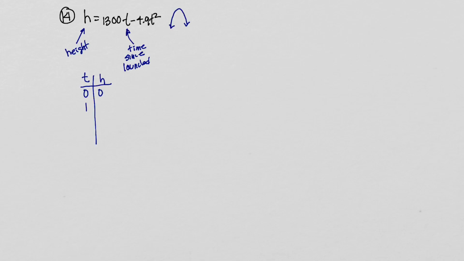Now what about after 1 second? Well, this is going to be 1300 times 1 minus 4.9 times 1 squared. So I've got my calculator out, and I put in 1. I got 1295.1. When I put in 2 seconds have gone by, I'm getting 2580.4.